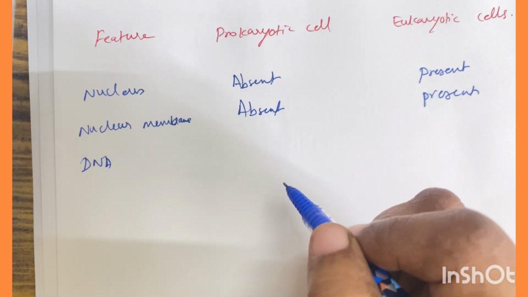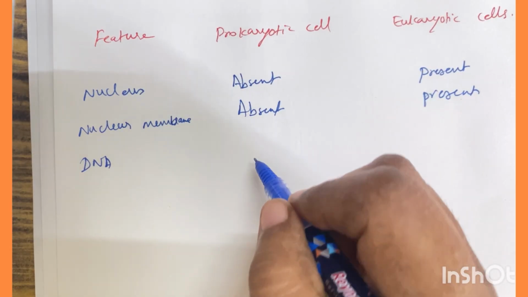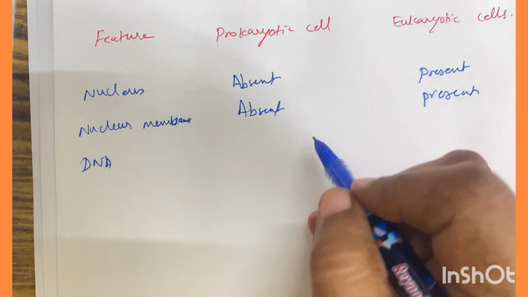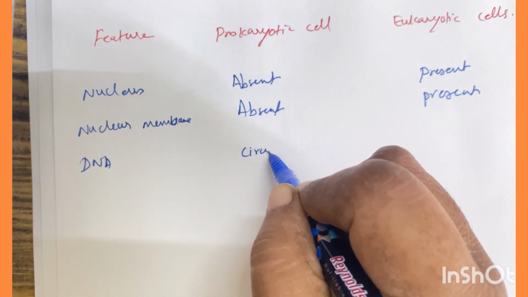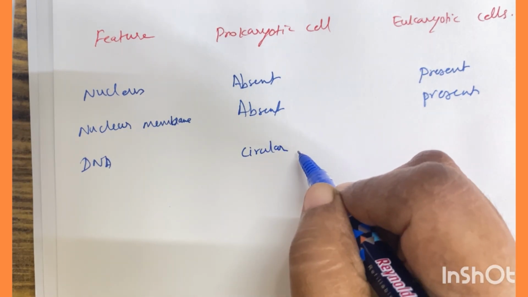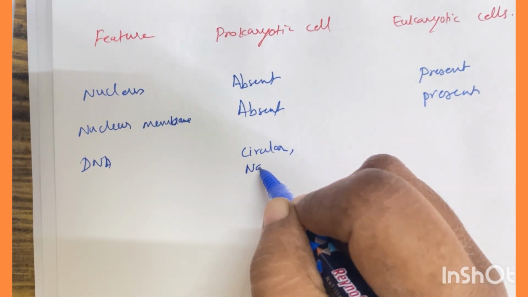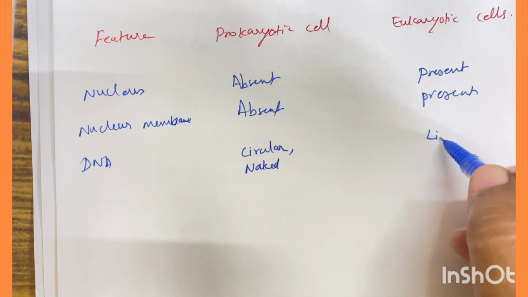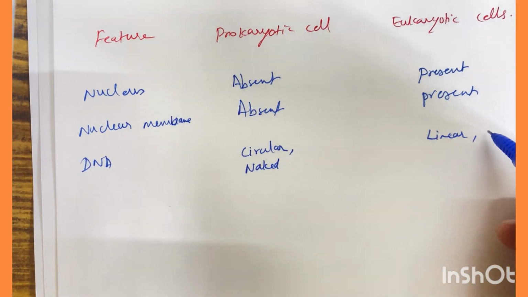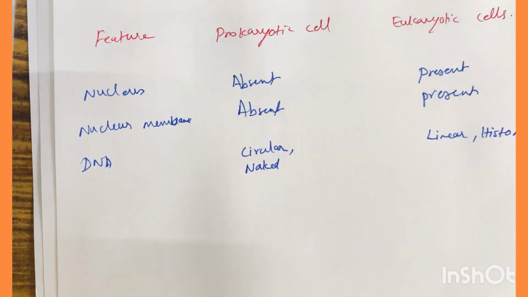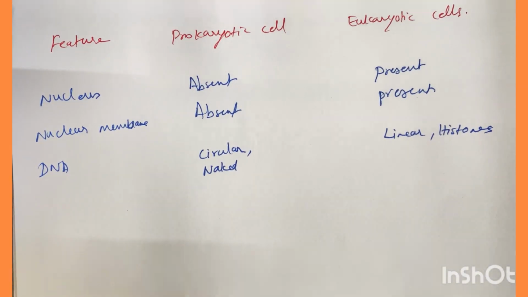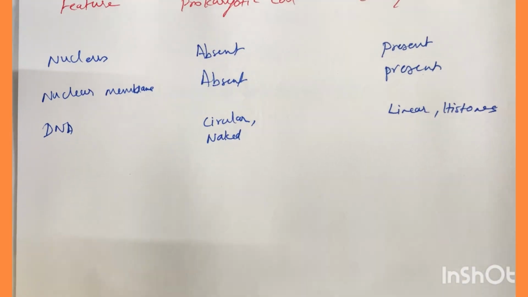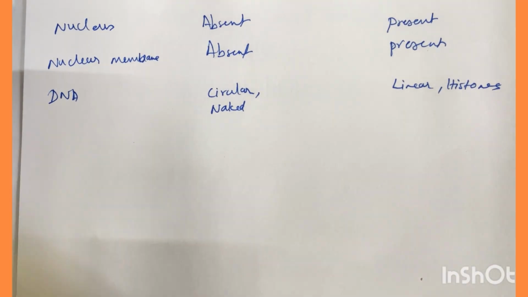DNA, yes, this is present in both eukaryote and prokaryote. Here it is circular in shape and naked. Okay, whereas here it is linear and usually associated with a protein called histones. Right?